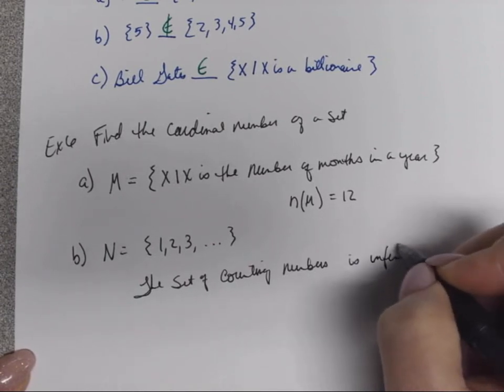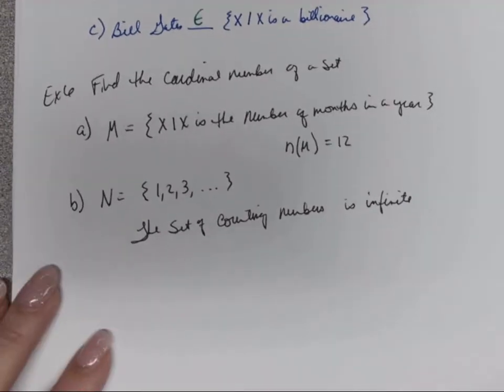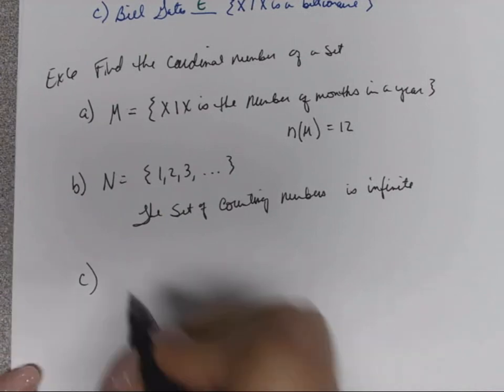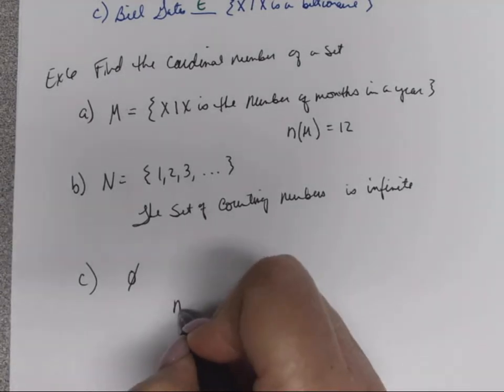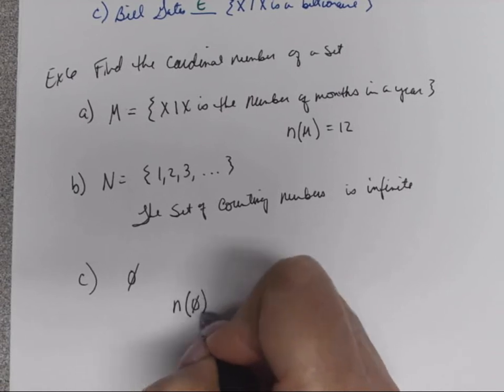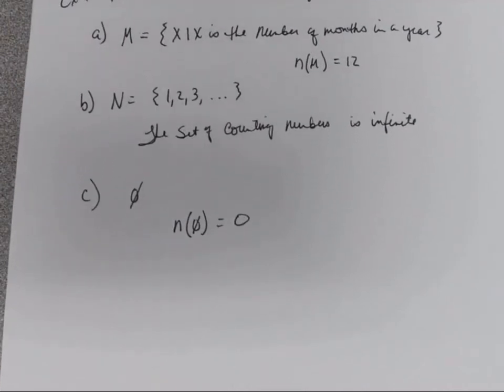That means it keeps on going to infinity and beyond. All right, little Buzz Lightyear there. So if I look at the empty set, it has no elements, so that means the cardinal number for the empty set would be equal to 0 because there's nothing in the empty set.